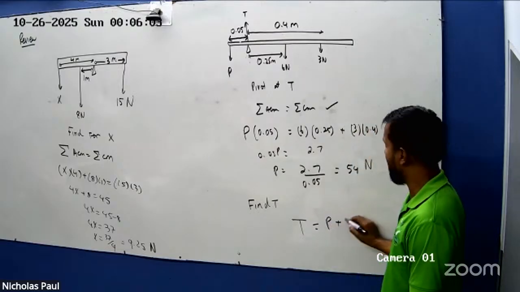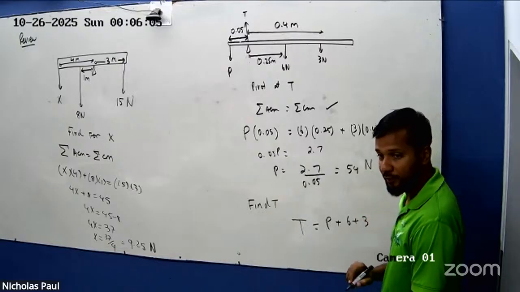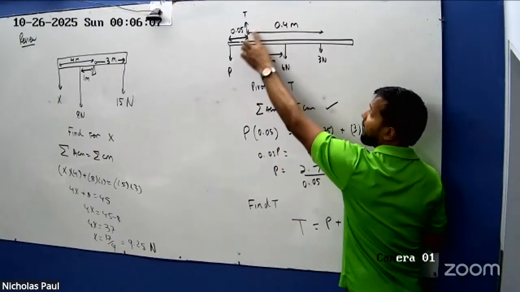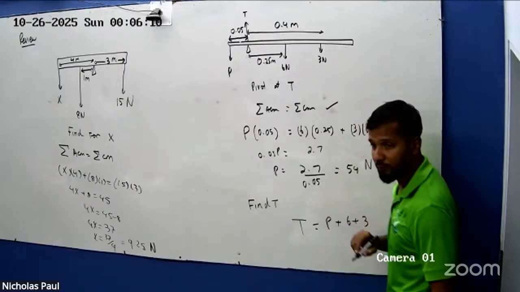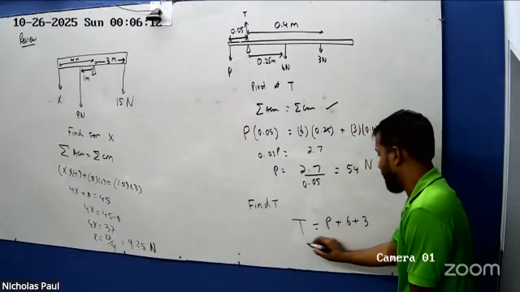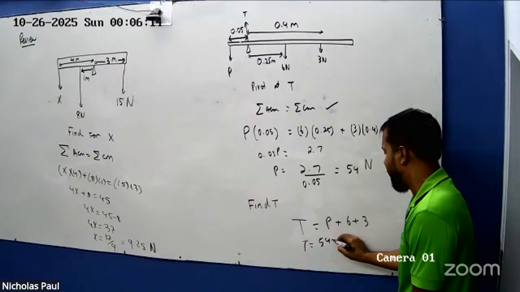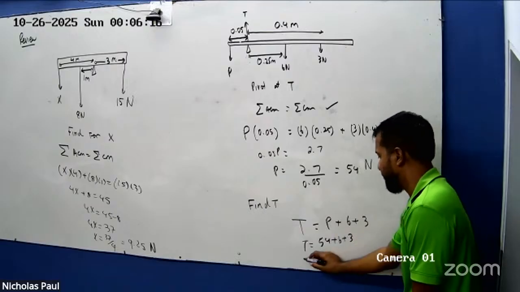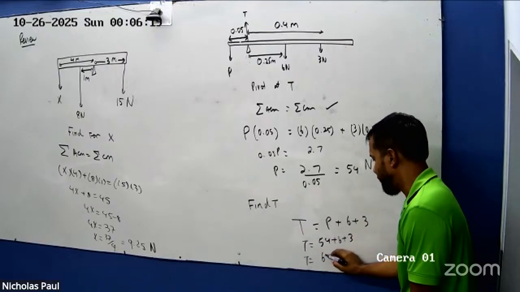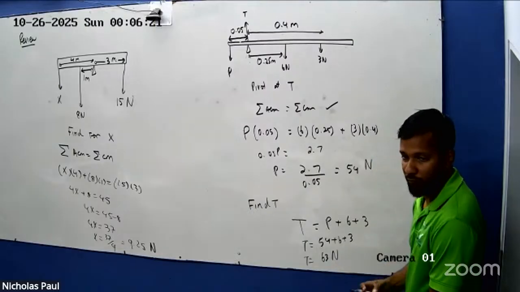P and 6 and 3. Okay? Upward equal to down. So that'll be 54 plus 6 plus 3. That's okay?